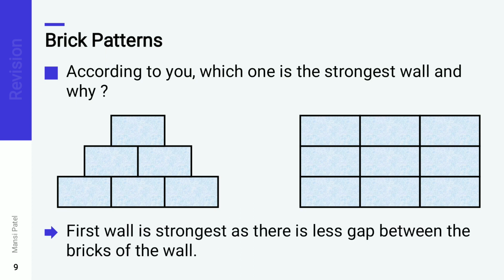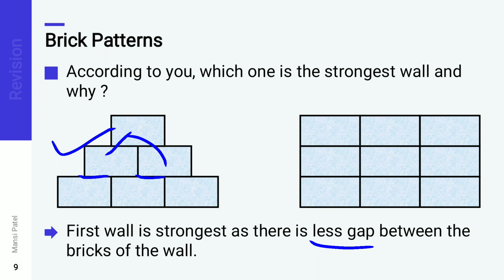So we can say that the first wall, this one, is the strongest. Why? Because you can see there is less gap. Less gap means what? Minimum distance between the bricks of the wall. See here, in this there is a small gap between two bricks, and the weight of this brick is divided into two.